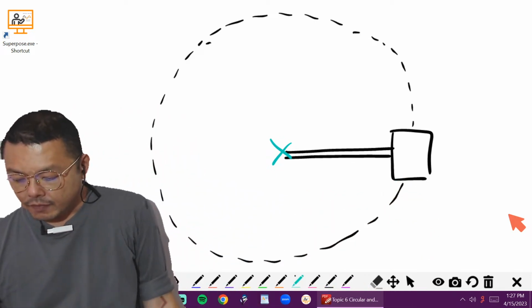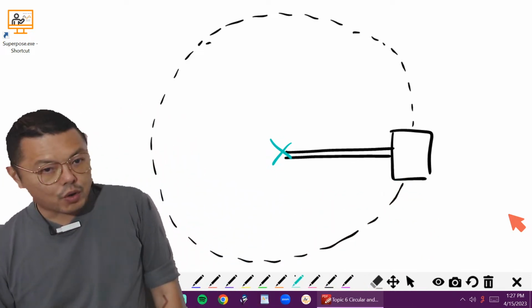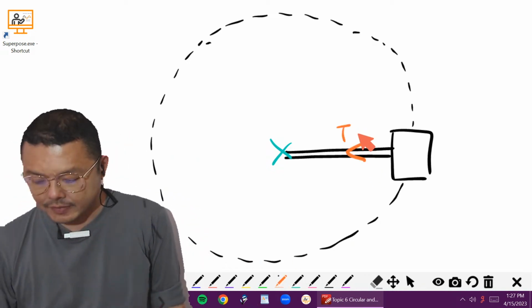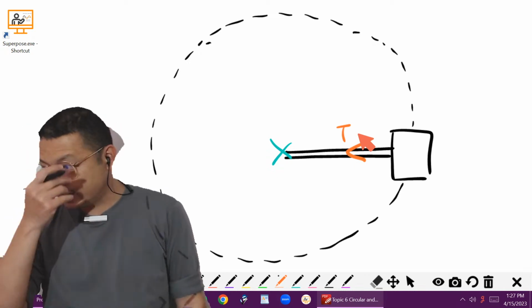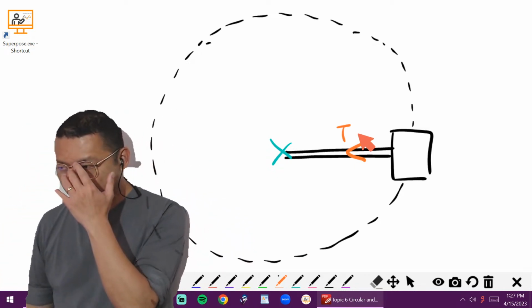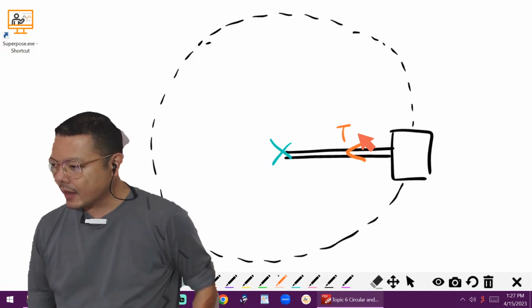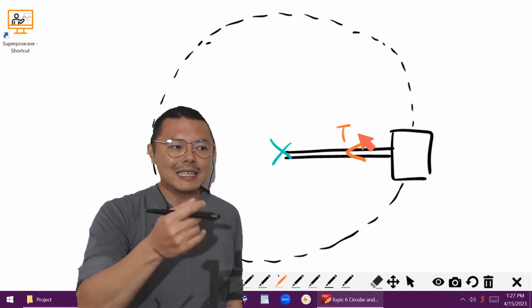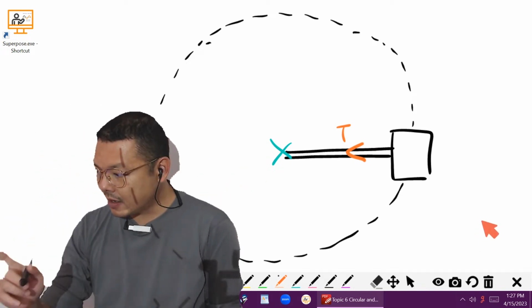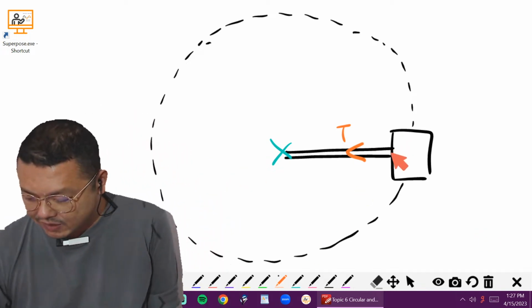For this object to go around in a circle, there must be a tension force still, and it must be pointing towards the center. But one other force that the rod can give the mass is this force here.